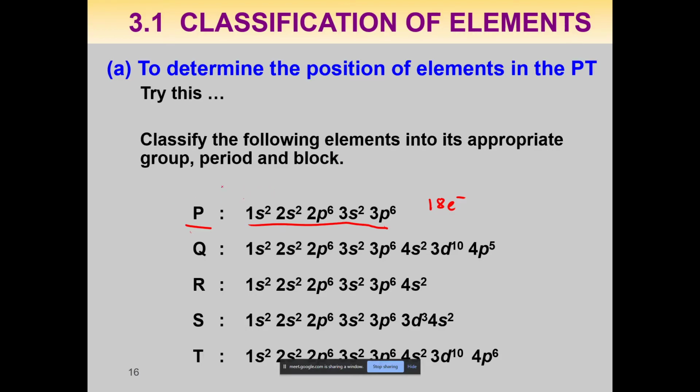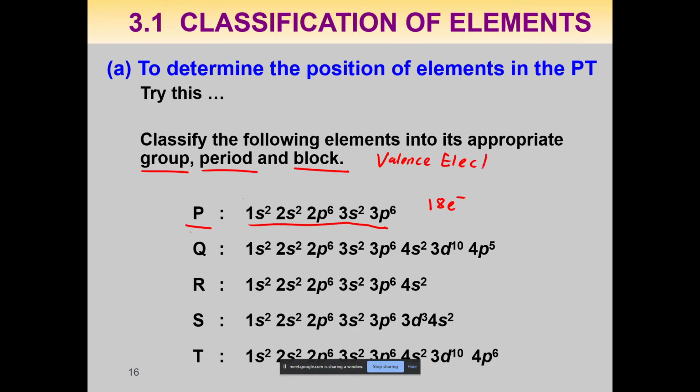Okay. Soalan macam ni, the first thing is what? Electronic configuration. So let's see untuk P. Question dia tanya group, period and block. Okay. Nak tahu group. Okay. Group is from dia punya, so everything kita nak tahu all of this from valence electron.